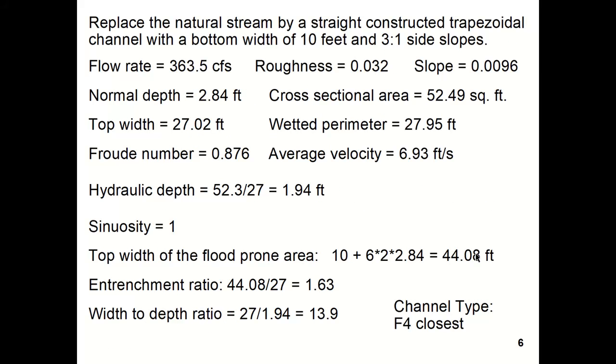Now, let's assume we're going to replace this natural channel by a straight constructed channel with a bottom width of 10 feet and 3-to-1 side slopes.